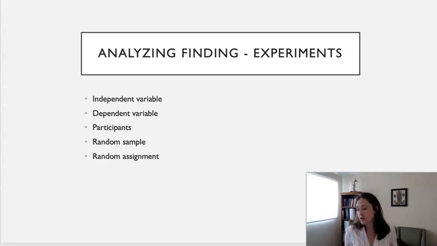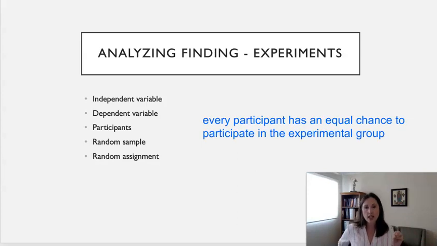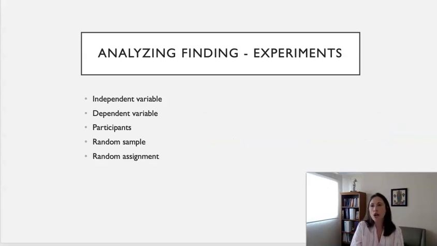And then random assignment. This is when all participants have an equal chance of being asked to participate in the experiment. So, for example, in my perspective taking experiment, my participants really ranged in who they hadn't forgiven somebody for something.